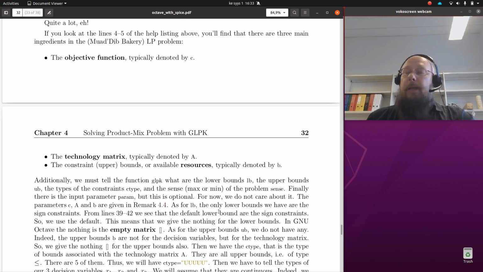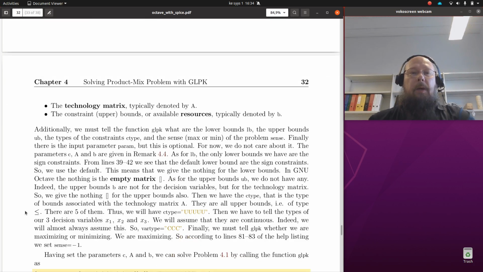So here is the text in the notes. This is basically what I said by looking at the help text. We have a, b, c to start with, then a little bit about other things we put there. Upper bounds are used, and the 3 variables we assume continuous, so var type is CCC.